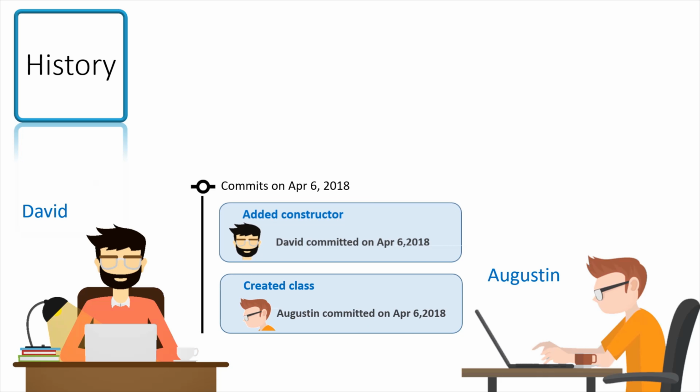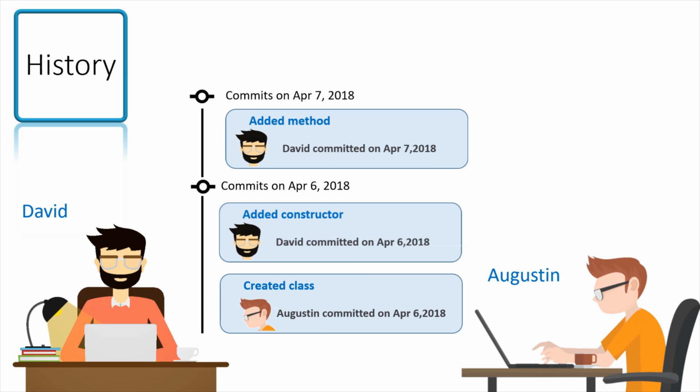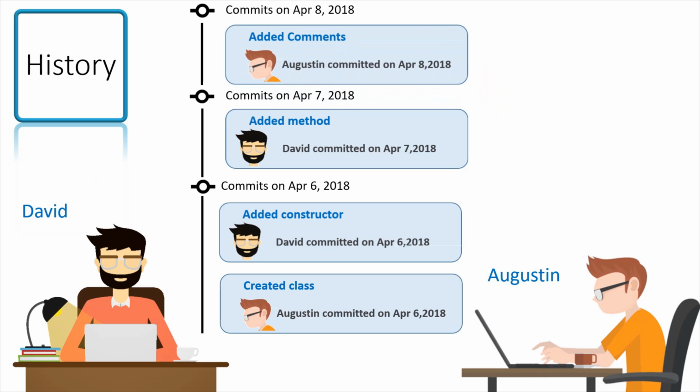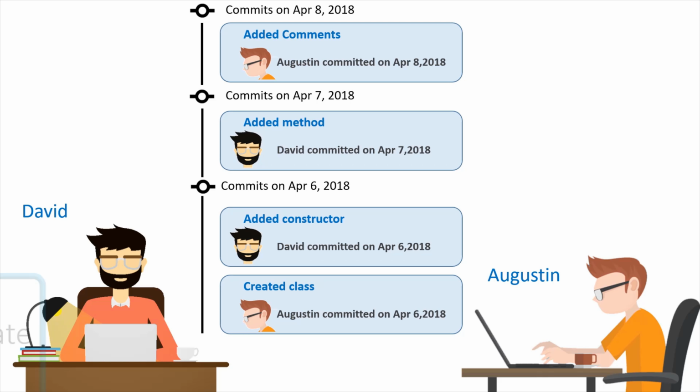We can see this file was committed on April 7 by David. And he has given a comment, added method, and another comment on April 8, 2018 by Augustine. So in this way we are able to see who committed what and when and what changes they have made to a particular file. We can keep track of each change made to a particular file with the help of a version control system.